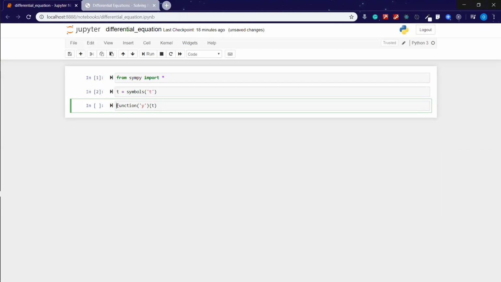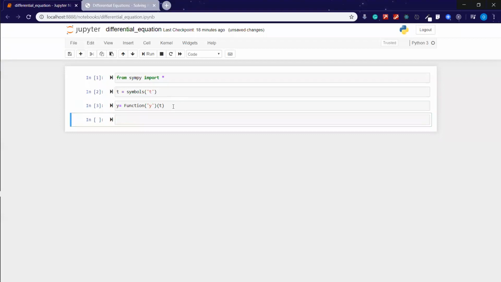So I can store this in a variable called y as well. So this y here is a symbol, which is a function of t, and t itself is a symbol, okay? So I can run this, see there is no problem.